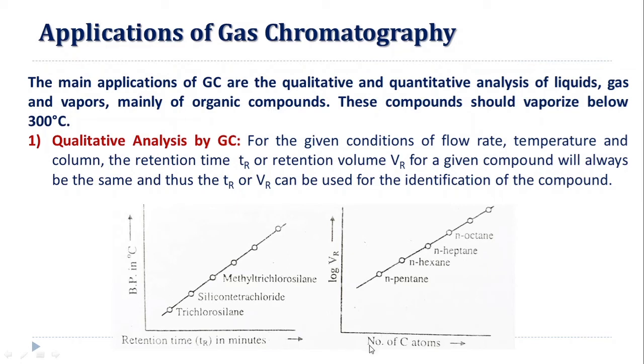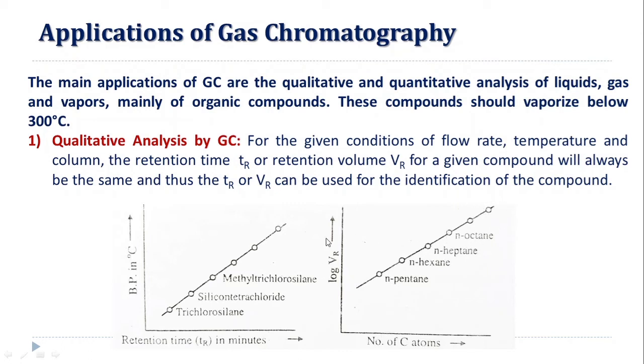Similarly, suppose this is the number of carbon atoms and this is log of VR, that is retention volume. If you plot the graph for some known samples, it will be a straight line, because log of VR is directly proportional to the number of carbons. Suppose we are taking an unknown sample whose number of carbons we don't know.